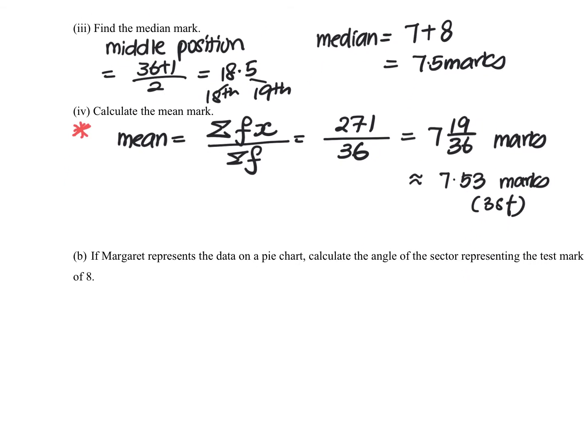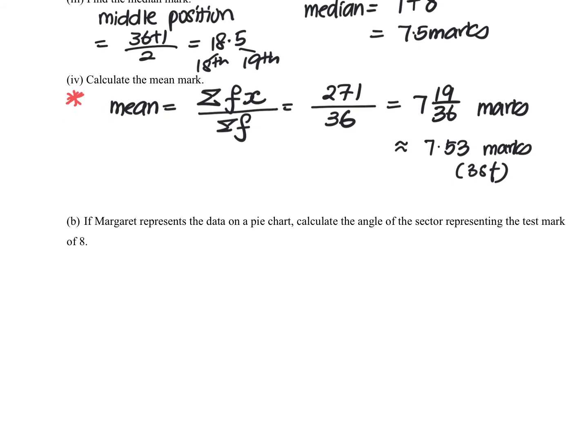If Margaret is going to represent this data on a pie chart, a full pie chart itself is round. So a pie chart has an angle of 360 degrees. So usually we have something similar.